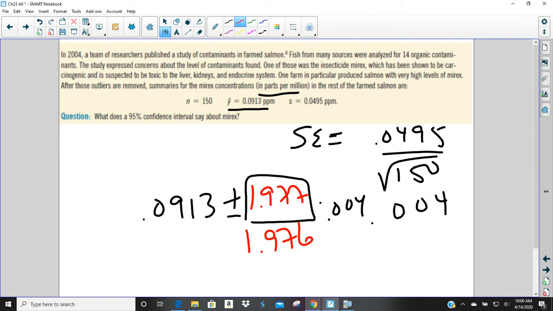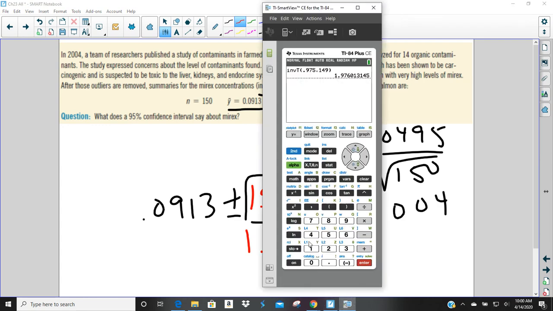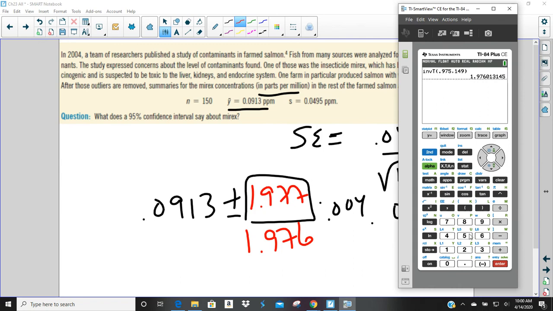So when I do my math, I get, might as well do it here, right? I need both sides. I'm going to do 0.0913 plus 1.977 times 0.004. I'll use the number from the sheet, okay? It doesn't matter. The numbers are going to be practically the same. And then we'll see what the calculator says when we use the function on the calculator.